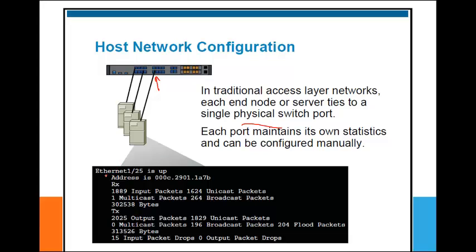When you type show interface Ethernet 1/25, you can see the MAC address of the interface, the physical MAC address, the status, the number of packets received, the multicast packets sent, and all the stuff we can see per physical interface.